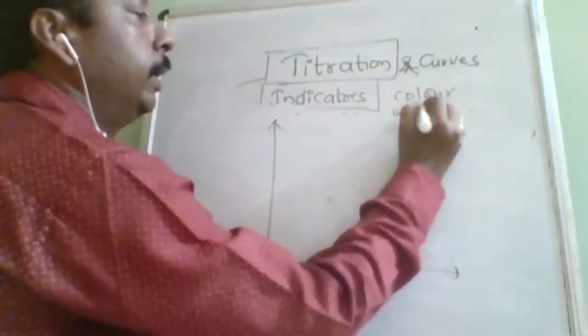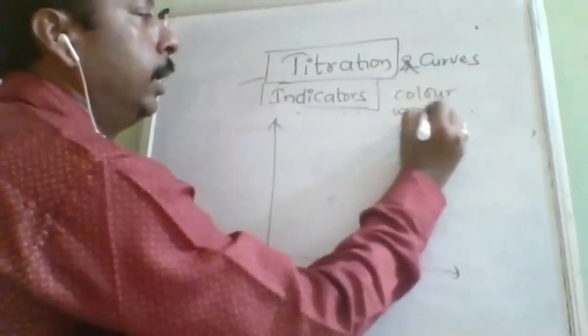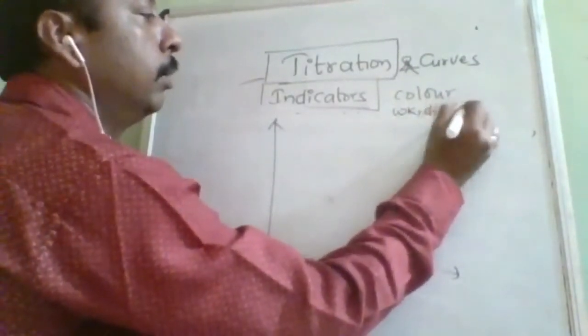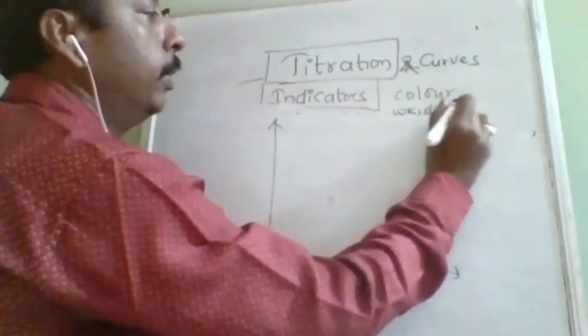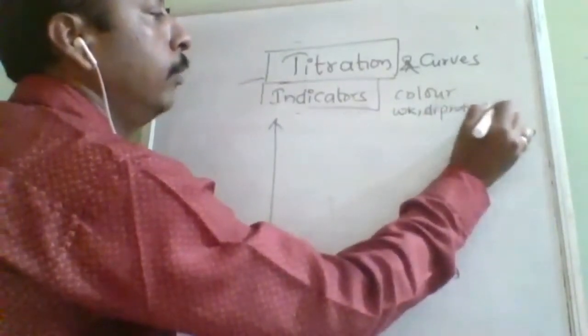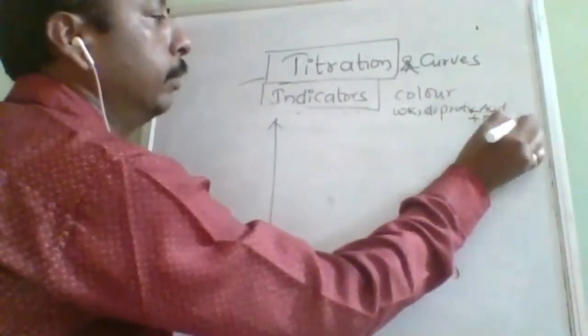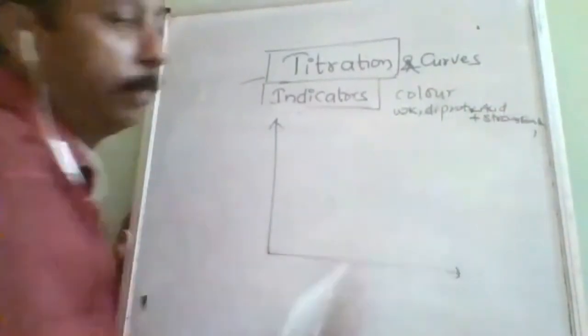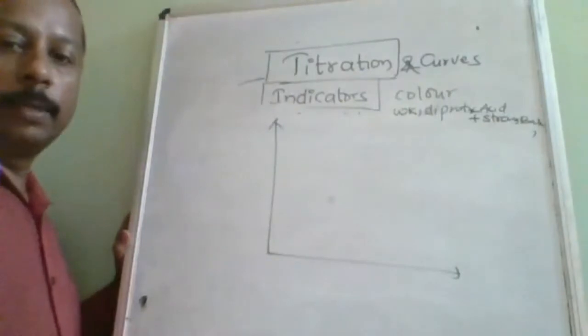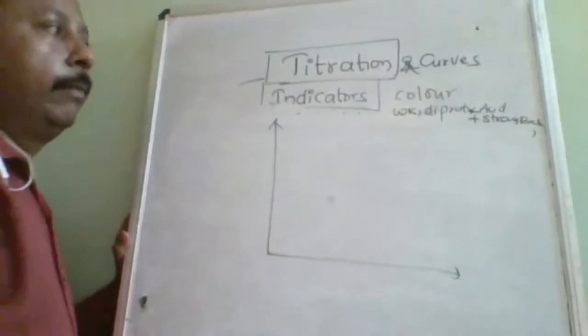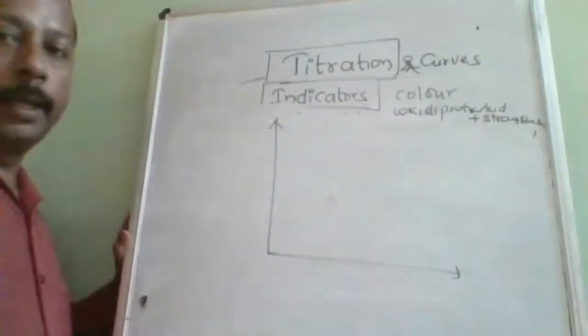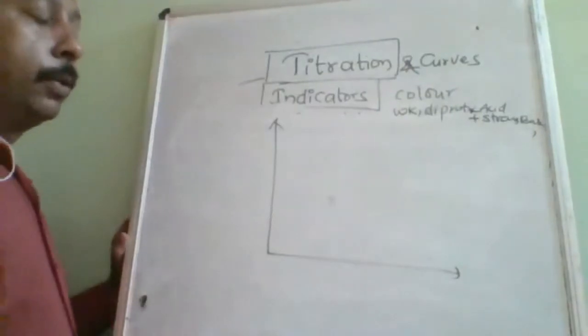Here, a weak but diprotic acid, and the base is strong and monoacidic. So what I'm taking here is a weak diprotic acid, titrating it using a strong base.